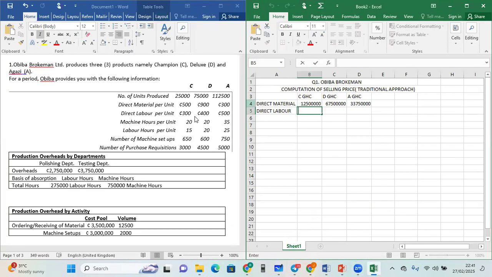All right, so here is equal to 300 times the units produced, 25,000.